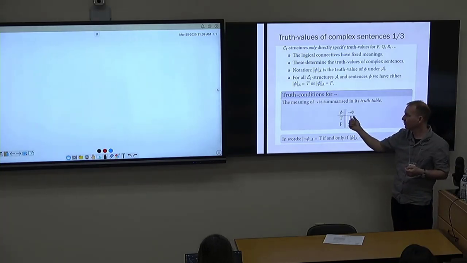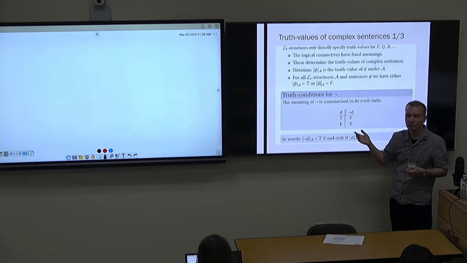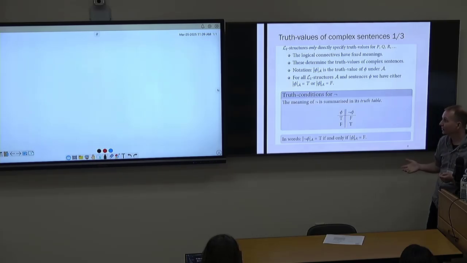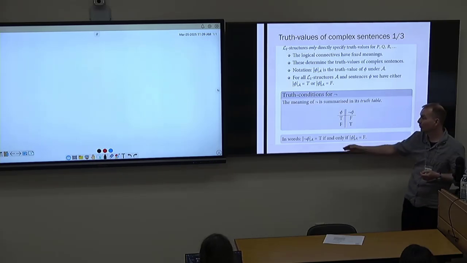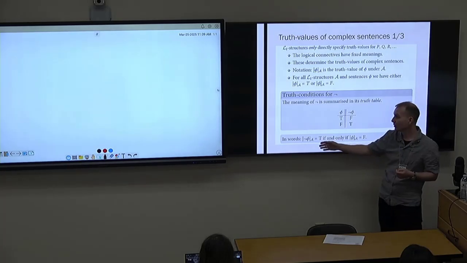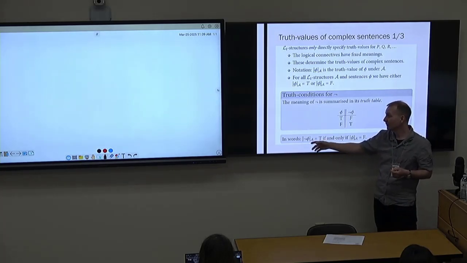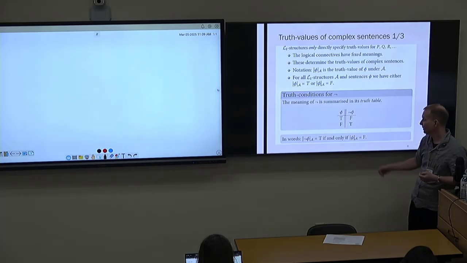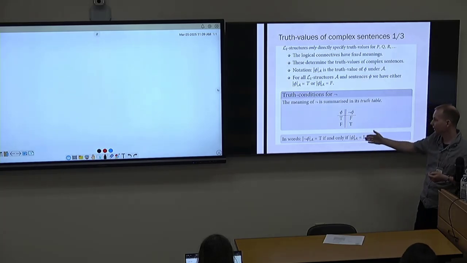If your phi is true, your not phi is false. And if your phi is false, not phi is true. That's it. There's really nothing else that can be happening here. This is a more proper way to say it in words: under alpha, if phi is negated and its value is true, that will only be happening if phi itself under alpha is false.